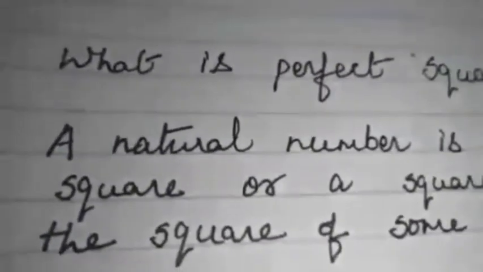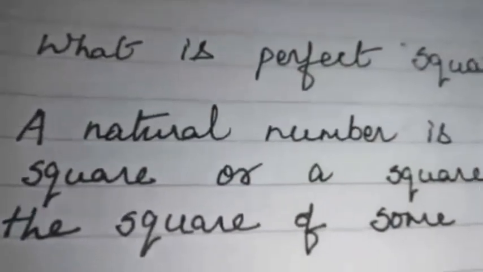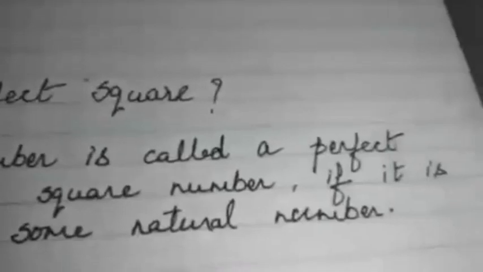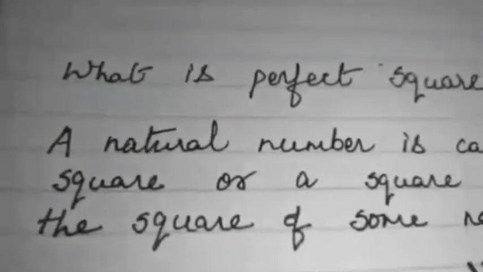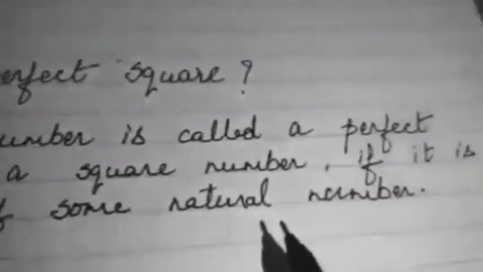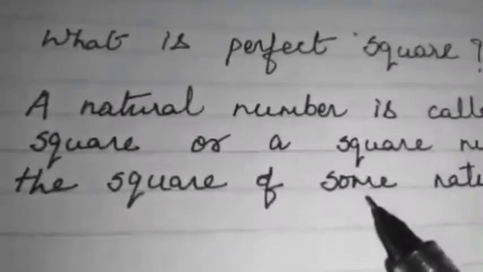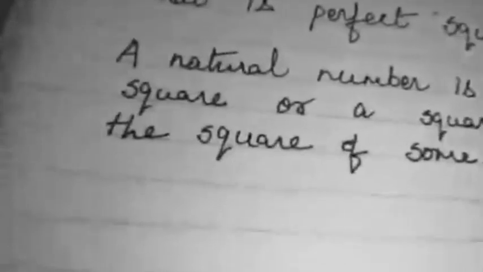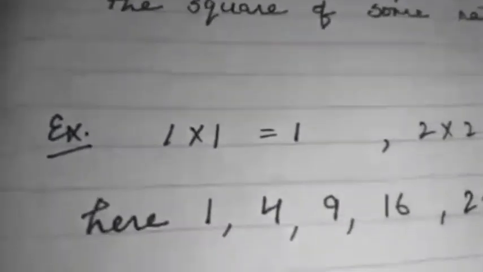Just go through it one more time. A natural number, any natural number, is called a perfect square or a square number if it is the square of some natural number. It will be more clear with an example.